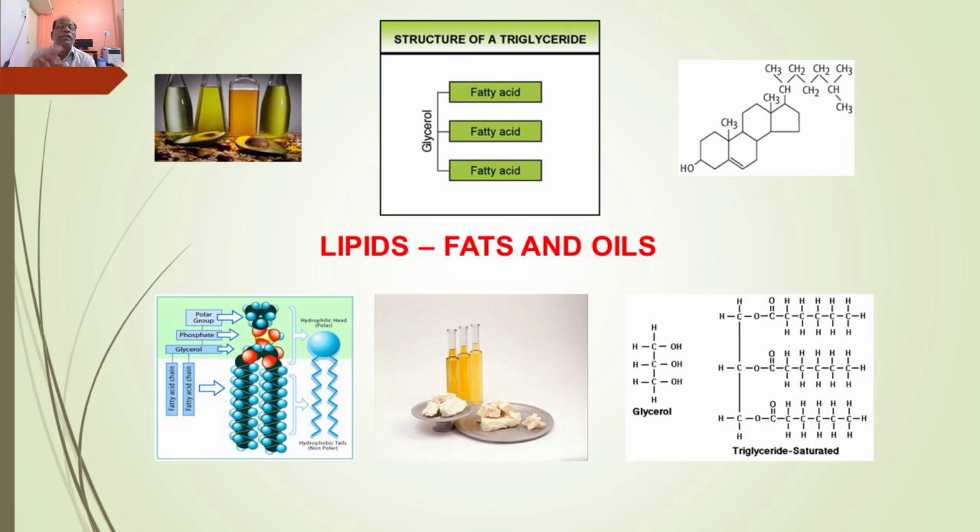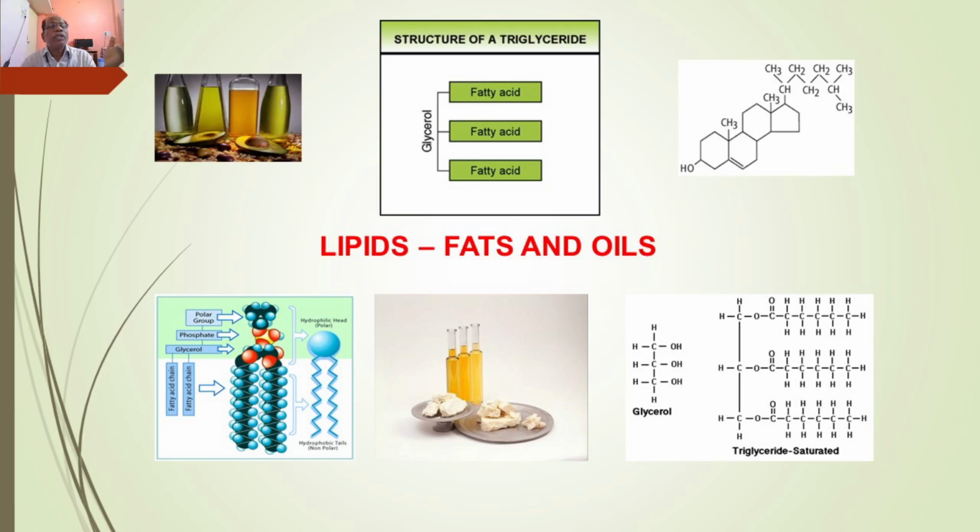So in the figure we can see the lipids in the form of fats and oils. Lipids are complex molecules composed of fatty acids and glycerol. Fatty acids and glycerol together will form a lipid.